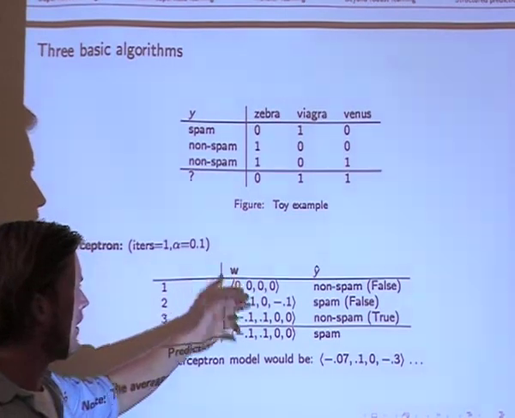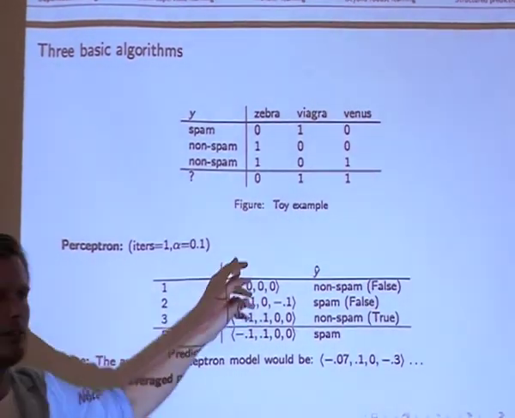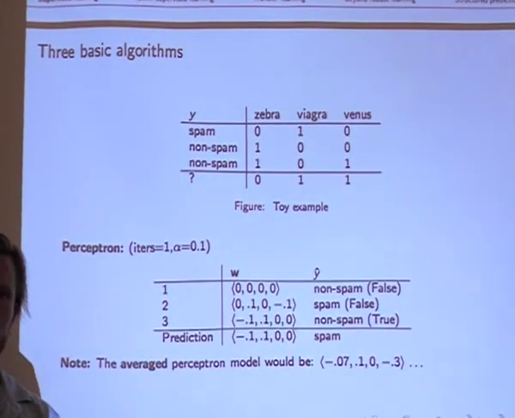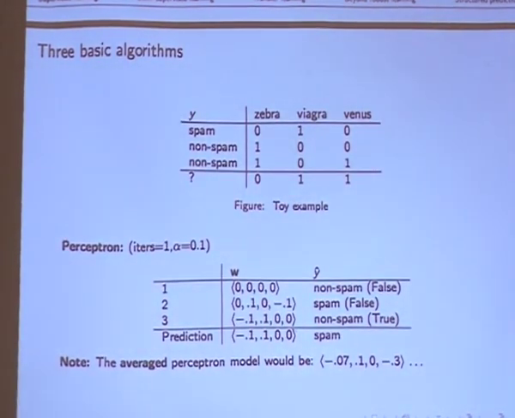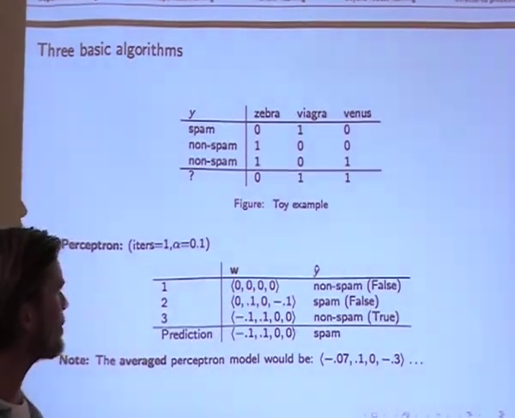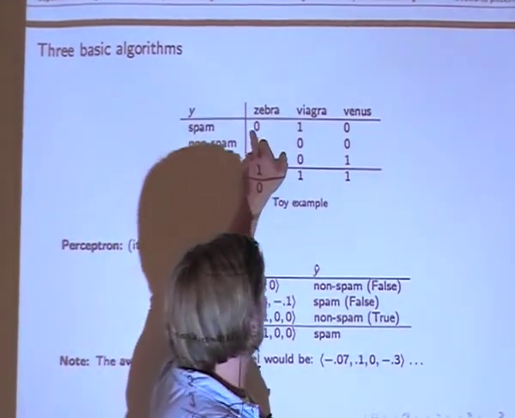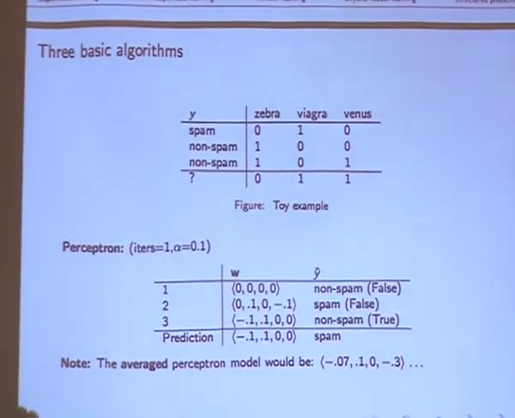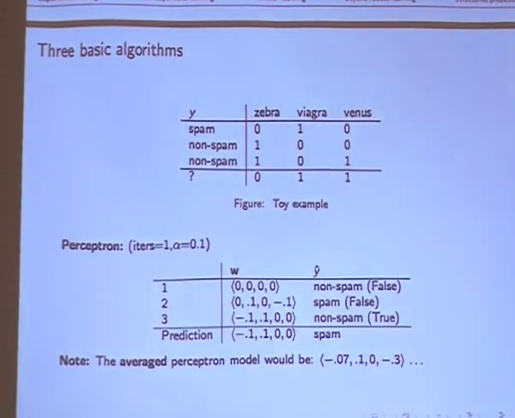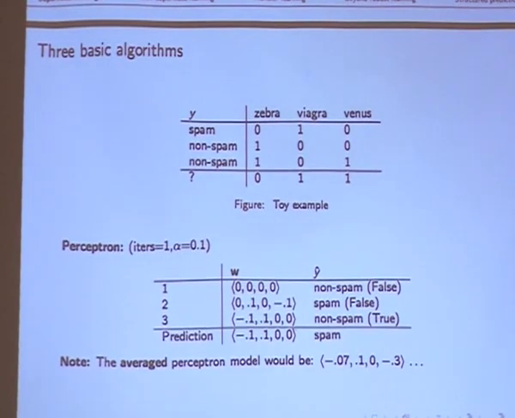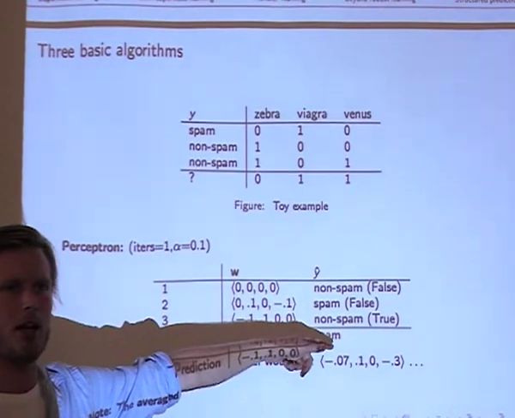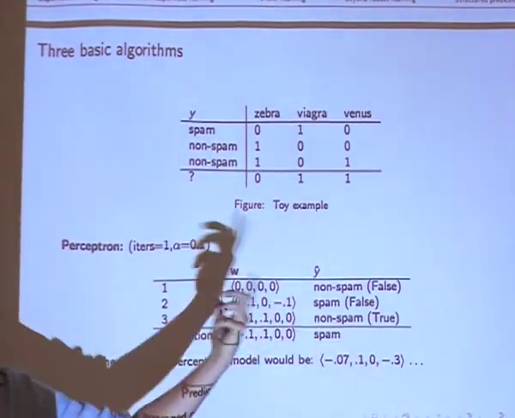You start with your weight vector of 4 zeros because I'm encoding the bias term as a neuron, if you like, or a variable. So you have this weight vector, and you augment this data point here with a -1, for example, and the dot product of that is going to be 0. And typically you say that if the dot product is higher than 0, you predict positive, otherwise negative. So you're going to predict negative for this data point, and in this case, negative is going to be non-spam. So that's false, and you update the model.